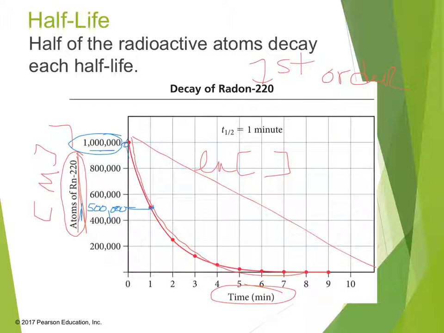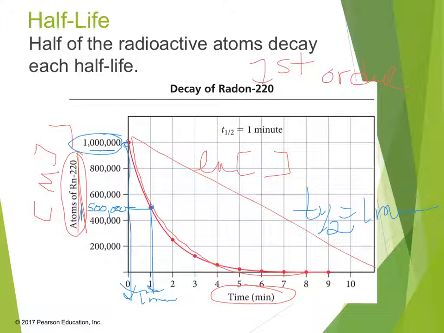How long does it take to get from 1,000,000 to 500,000? It takes 1 minute. So for this reaction, the half-life is 1 minute. Since it's a first order process, the half-life doesn't depend on concentration, so you should get that same answer regardless of where you start.